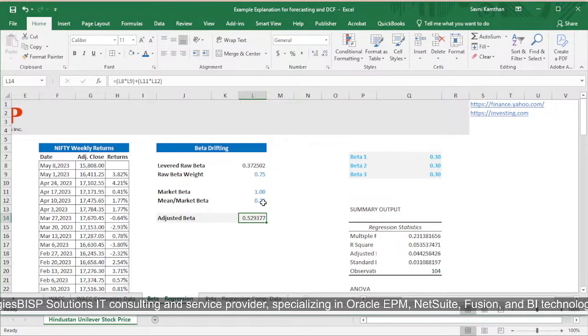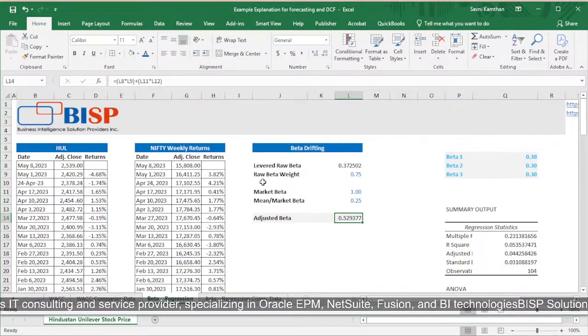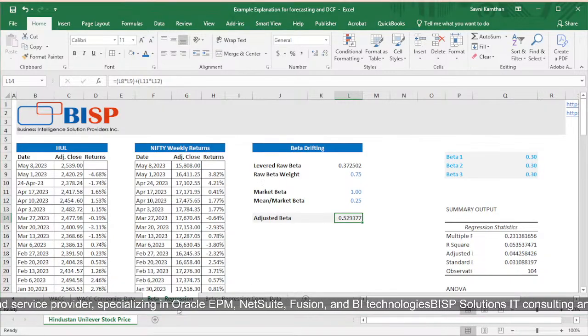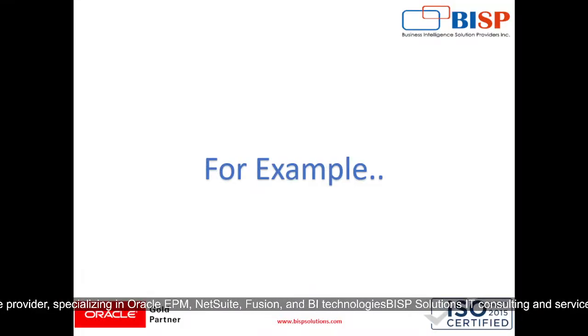This is what our adjusted beta will be. So this is how we make our beta regression in our financial modeling.